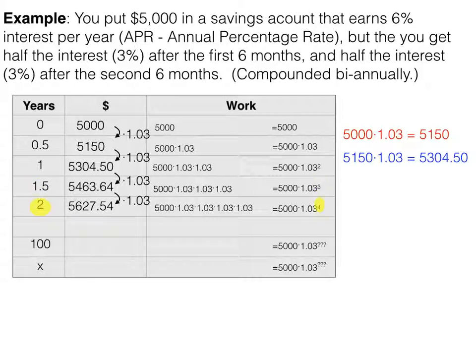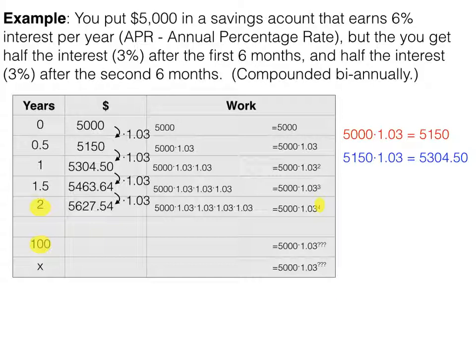But hopefully you can still see the relationship there. We have 4 is twice 2. 3 was twice 1.5. So we can see that the exponent seems to be twice the number of years, which makes sense because we are earning the interest twice per year.